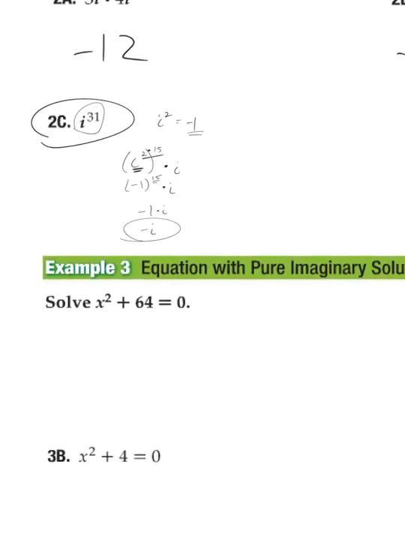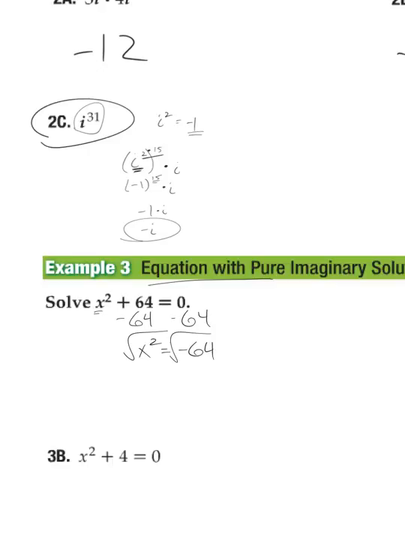Taking a look at the last couple of problems, solving equations with pure imaginary solutions. If you're trying to get x by itself, you subtract 64 from both sides. You've got x squared equals negative 64.